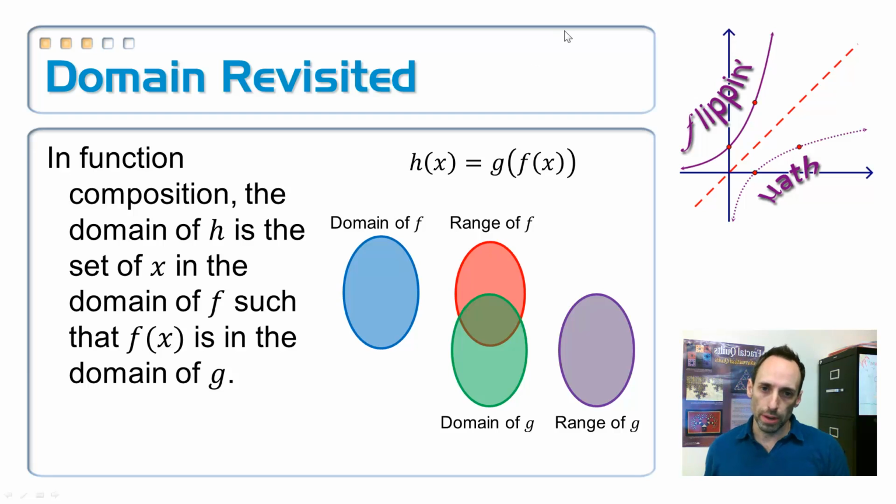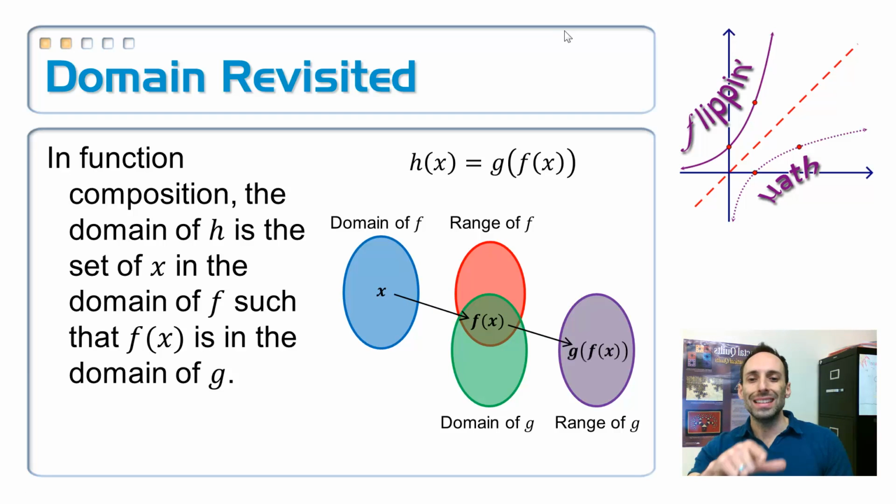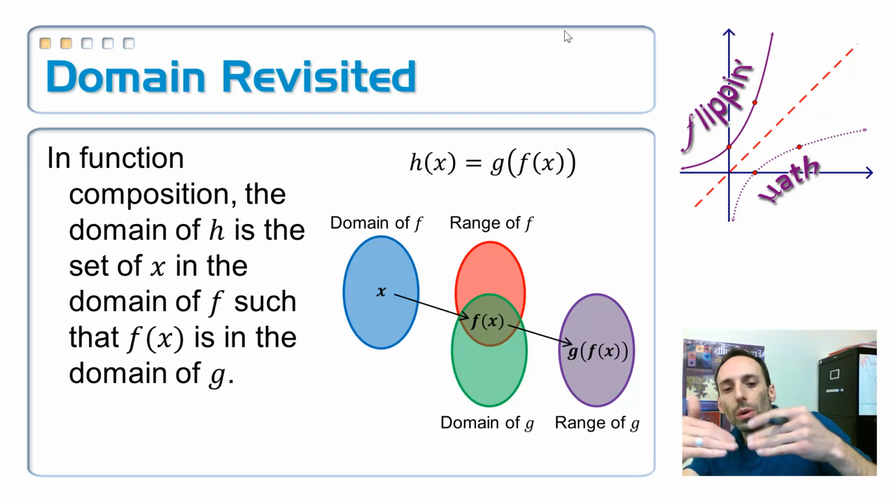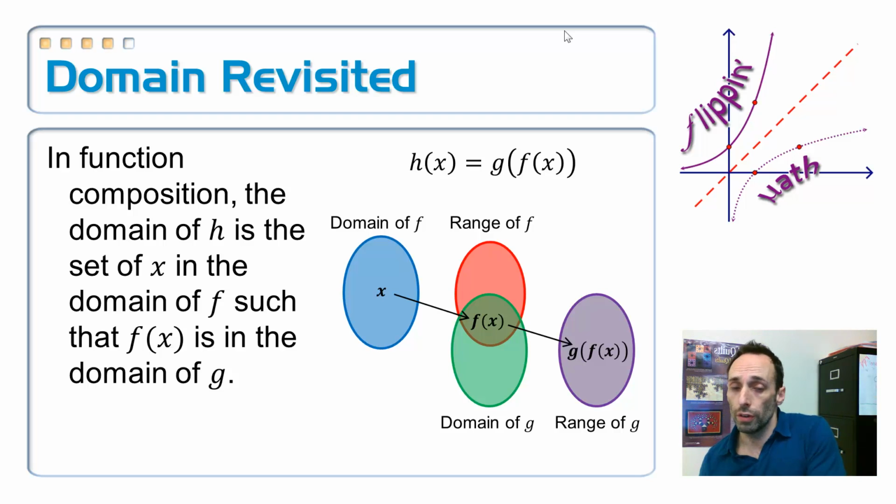Let's look at that in some diagrams. I have an x value inside the original f of x. It outputs into something in that red circle, its range. I only get to use those numbers that are also in the domain of the exterior function, g of x. Then whatever I get is outputted into g of x's range.